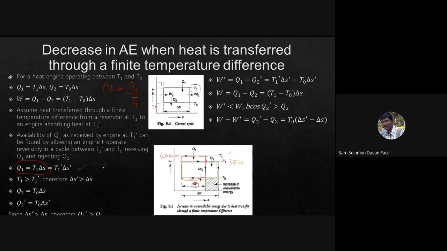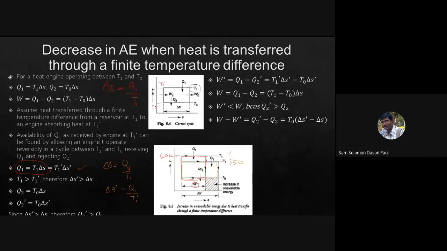What is the definition of delta S? Taking it the other way around, delta S can be written as Q1 by T1. And delta S dash is going to be Q1 divided by T1 dash.